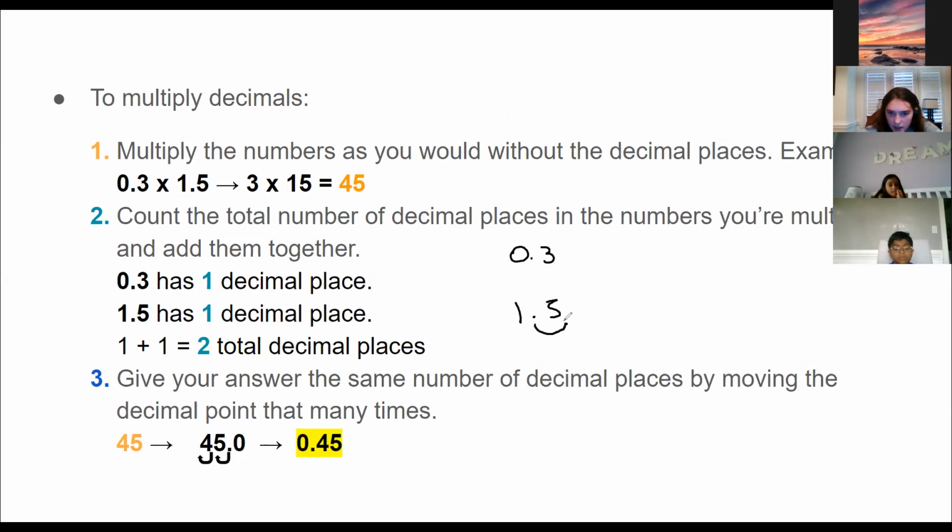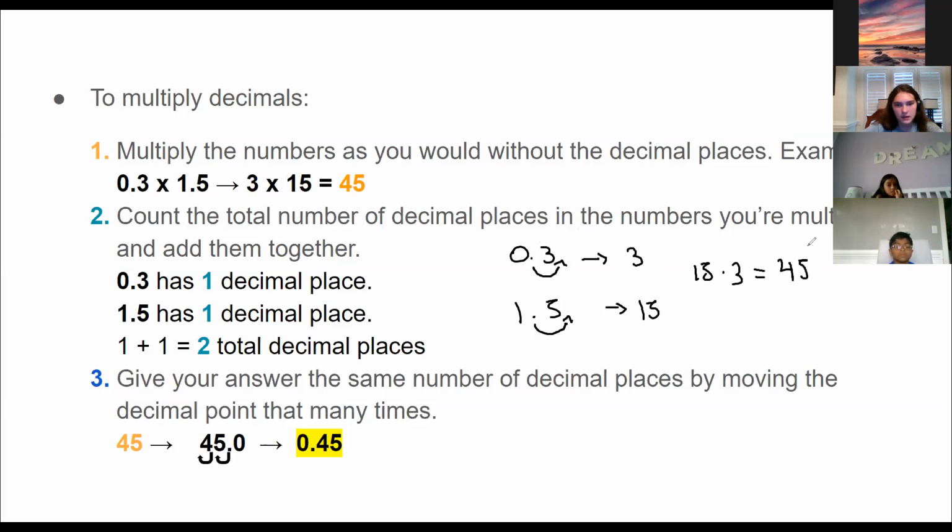And if we move it here, 0.3 becomes 3. So now that we have that, we can do 15 times 3, which gets us 45.